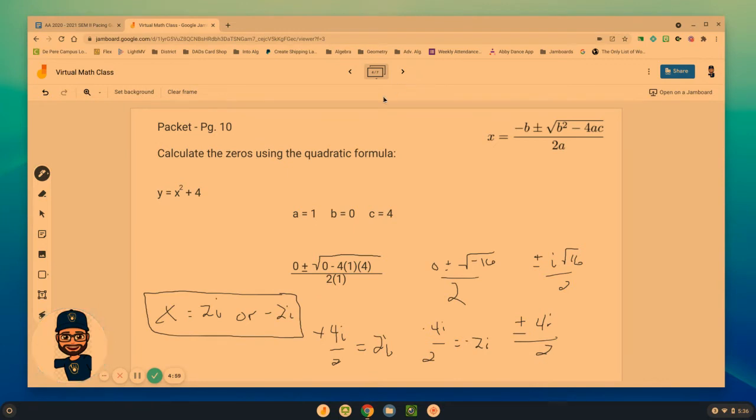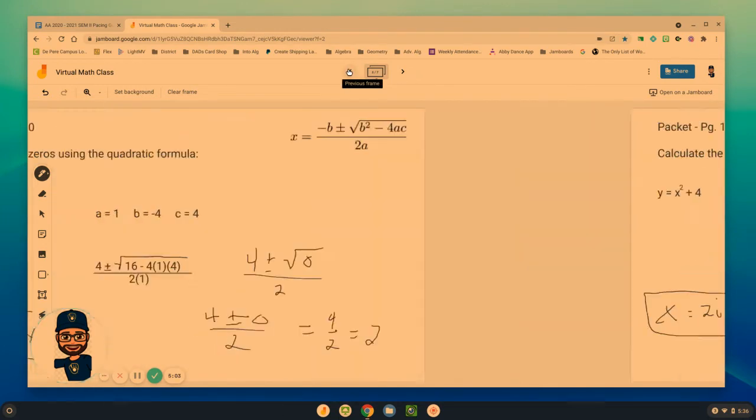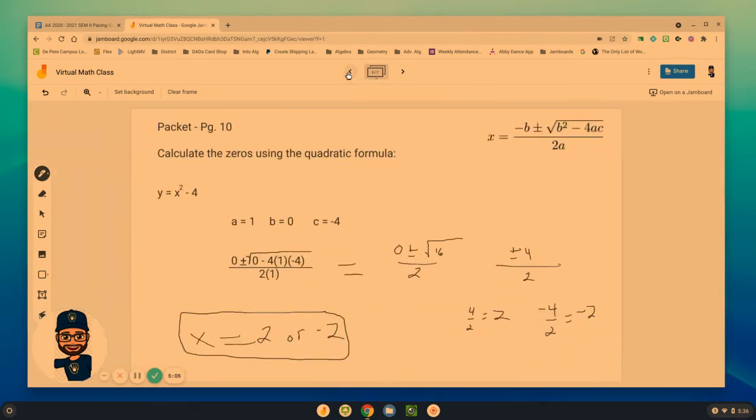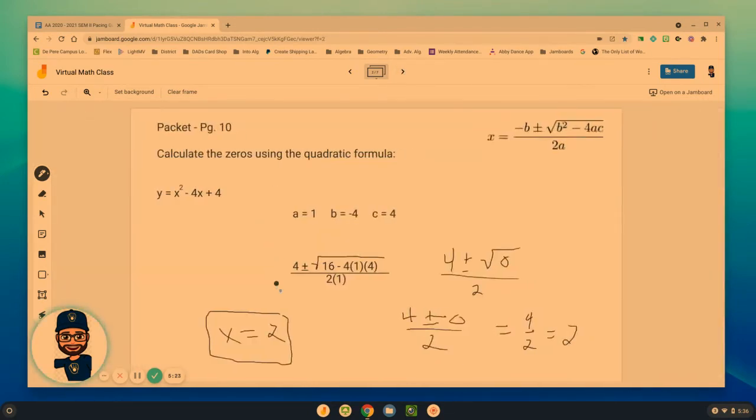Now, if I go back, I want you to pay close attention to something that's happening in all of these problems and see if you can figure out what might be the identifier. In this one, we got 0 plus or minus the square root of 16. So I had a positive value underneath the square root, which gave me 2 real answers, 2 or negative 2. Whereas in our second example, we had 4 plus or minus the square root of 0 over 2.